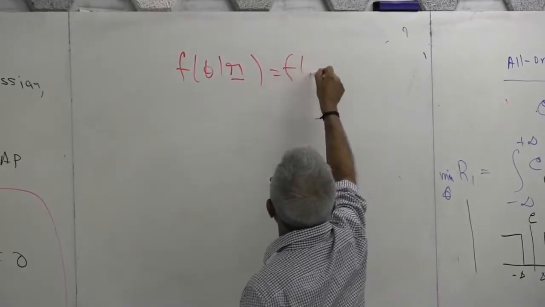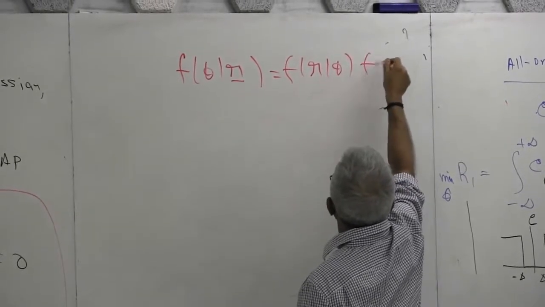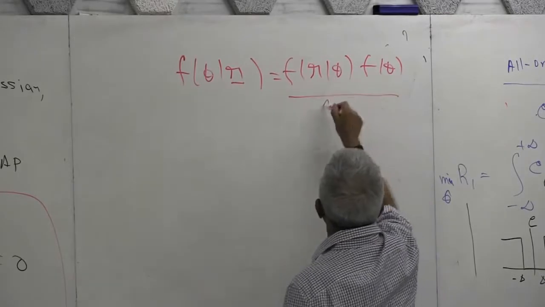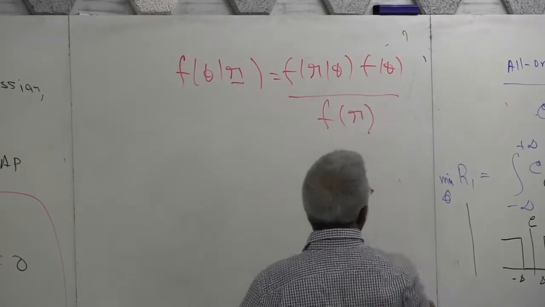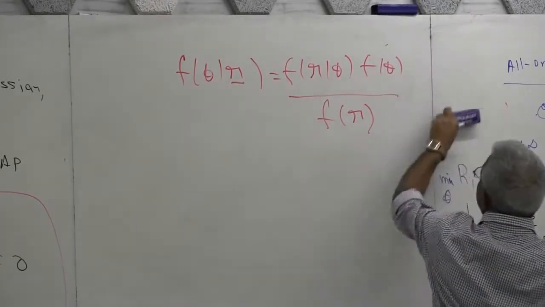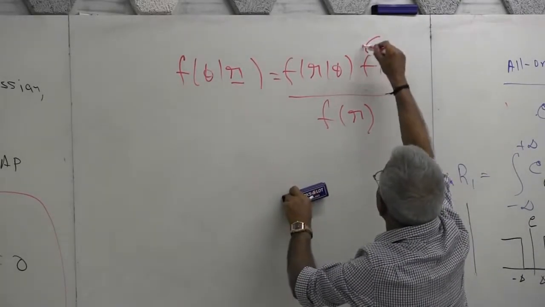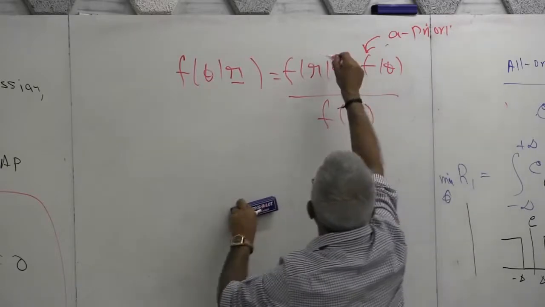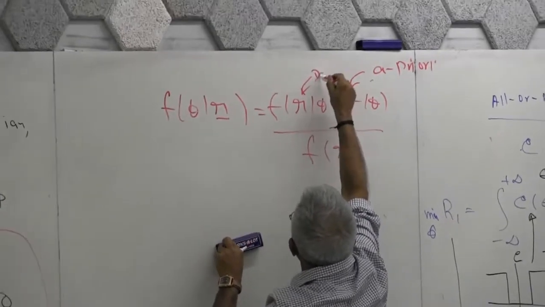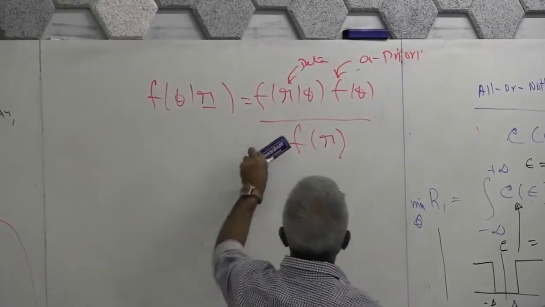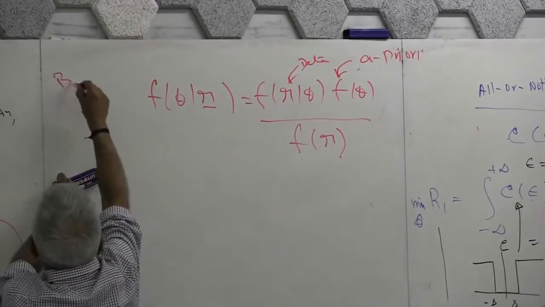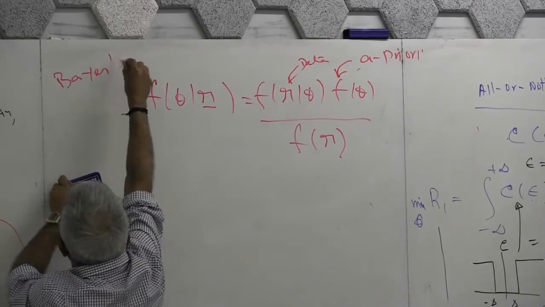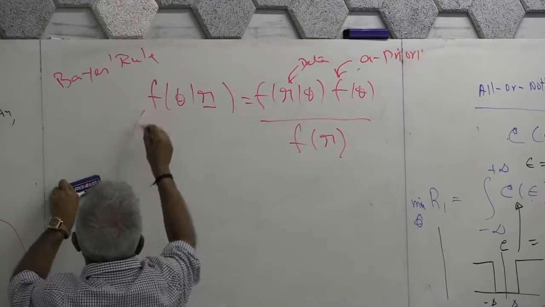This is the same as f of r given theta multiplied by f of theta, divided by f of r, right? This is your a priori, this is from your data, and this is of course the Bayes rule, right? And this is your a posteriori.